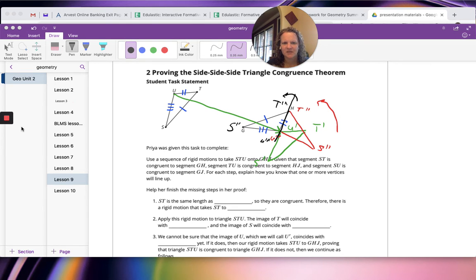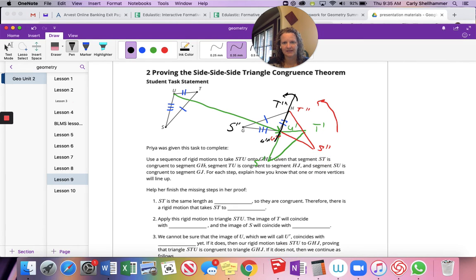Use a sequence of rigid motions, we did that. Explain how you know one or more vertices will line up, because we did a sequence of rigid motions. We made it so that S triple prime, T triple prime lined up with GH, and it says right here that ST is congruent to GH. So we know the vertices should line up.